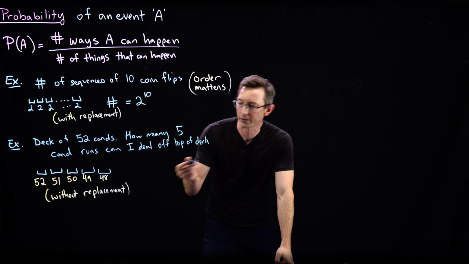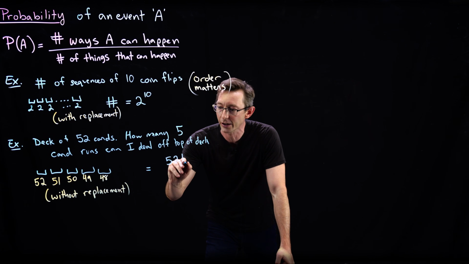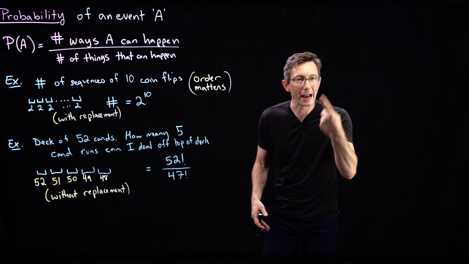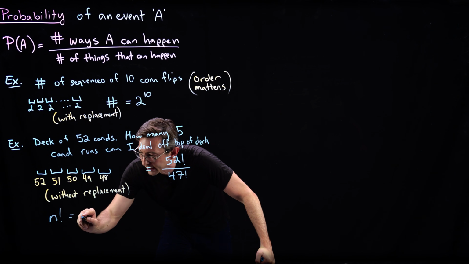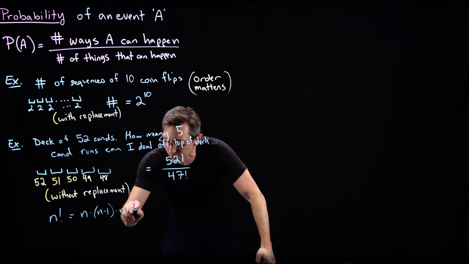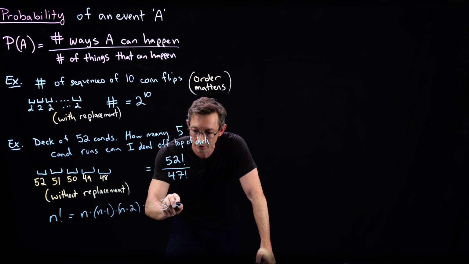The shorthand for this is 52 factorial divided by 47 factorial. I'll just remind you that n factorial is n times n minus 1 times n minus 2 times ... times 3 times 2 times 1.